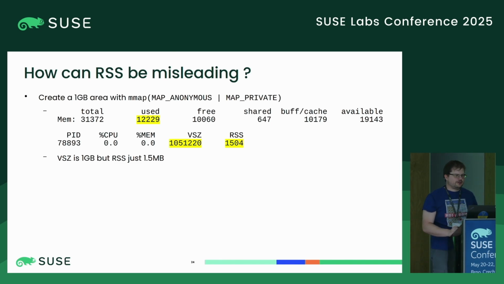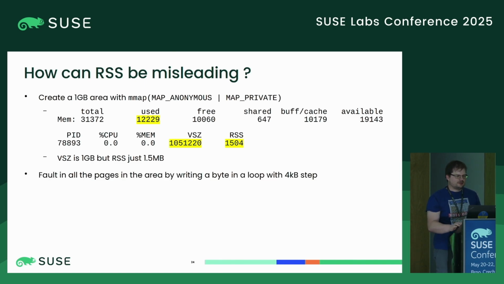So after we create one process with this gigabyte area, we have this amount of used memory that's the baseline. The virtual size will be roughly the gigabyte, but the actually occupied size will be almost nothing because the area was created but not populated.